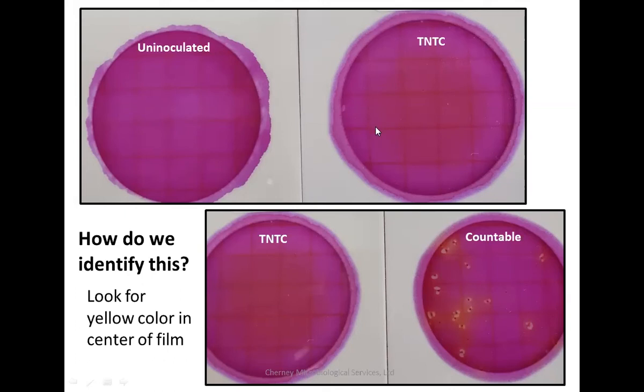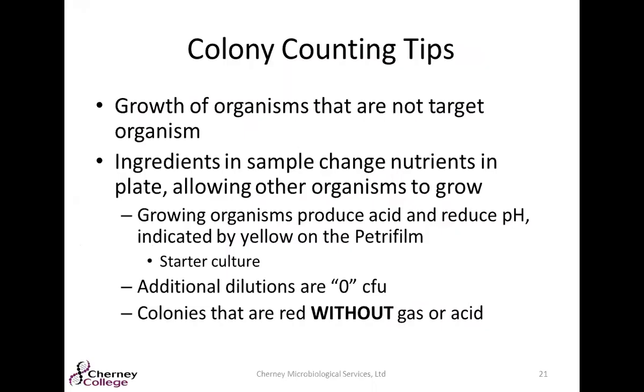However, when you look over here on the TNTC Petrifilm, you have the standard purple around the edge, but you have this concentration in the center of this cloudy kind of yellow appearance. That should be an indicator to you that further dilutions are going to be necessary so you can get something that looks like this, being TNTC, down to something within the countable range for you.